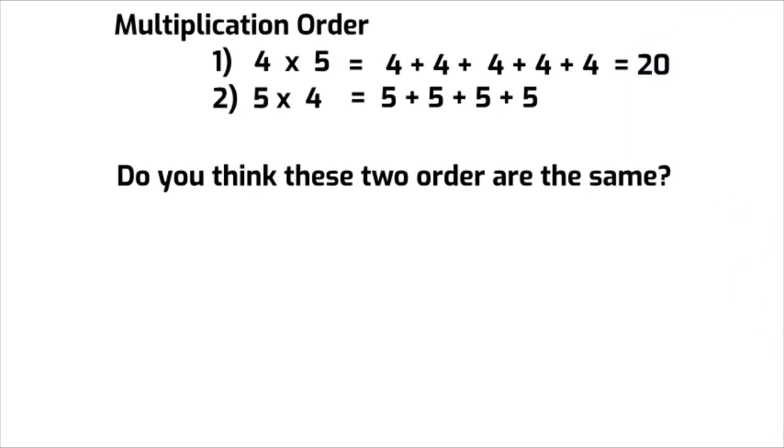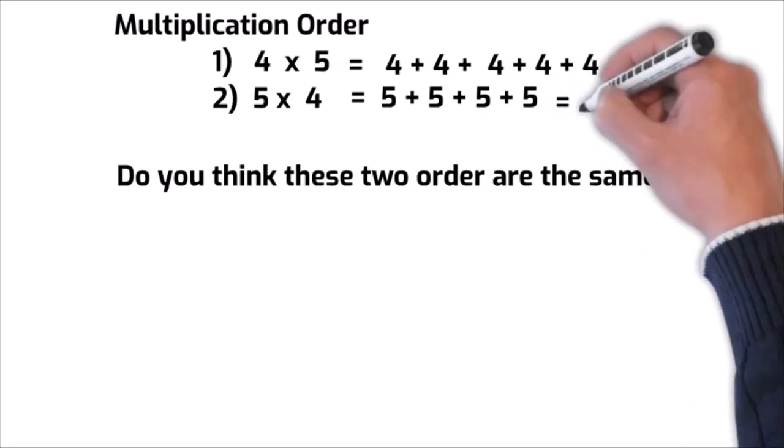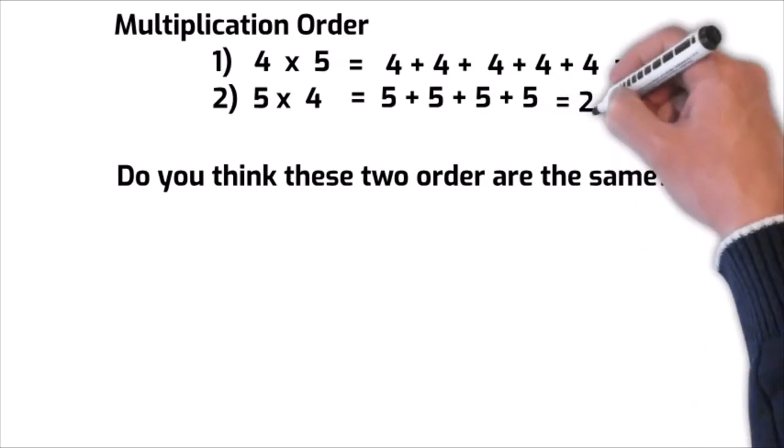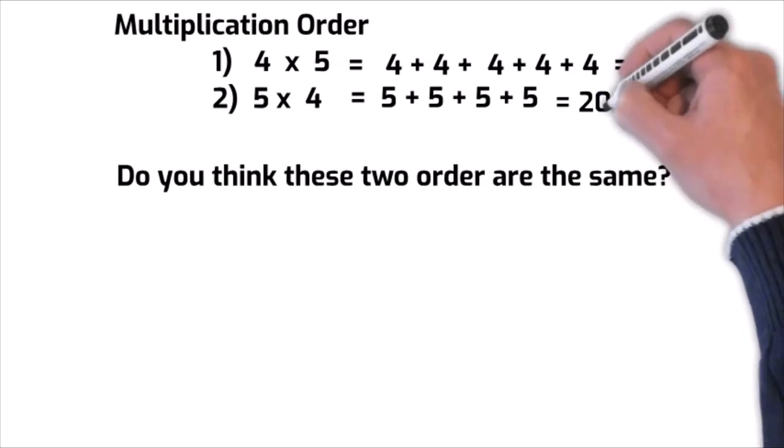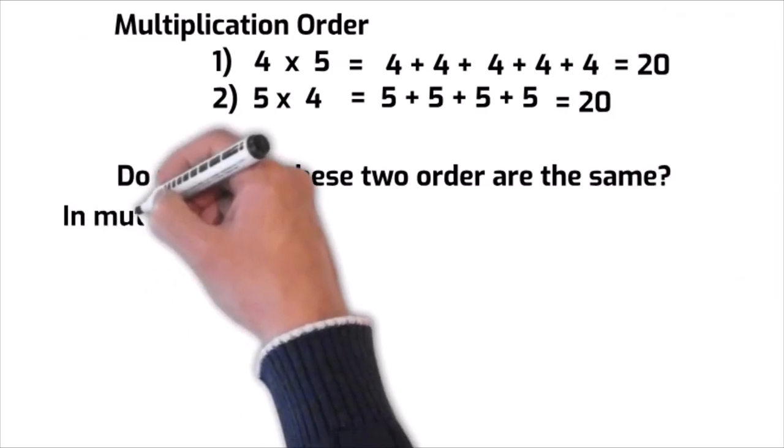Looking at the second order, 5 plus 5 gives us 10, plus 5 gives us 15, plus 5 gives us 20. 5 into 4 places is 20. Both orders are the same.